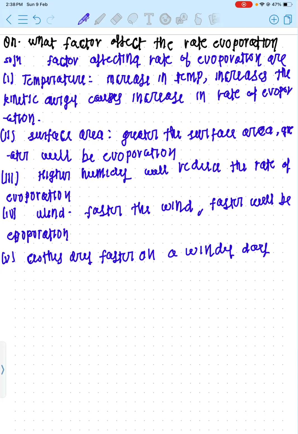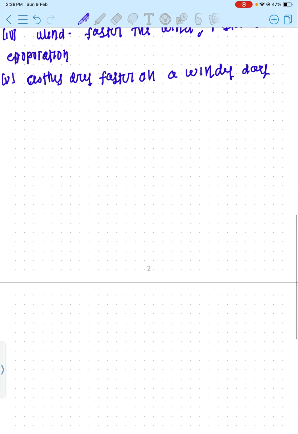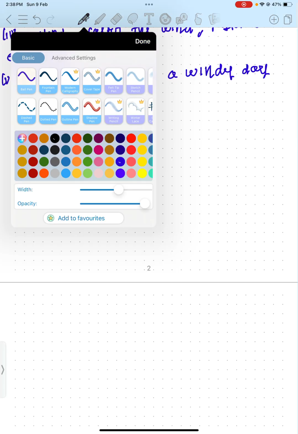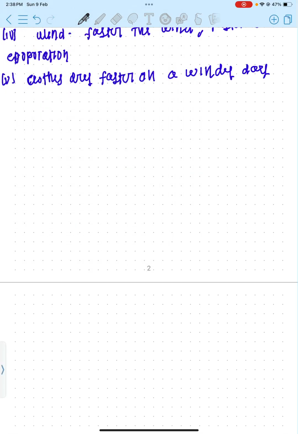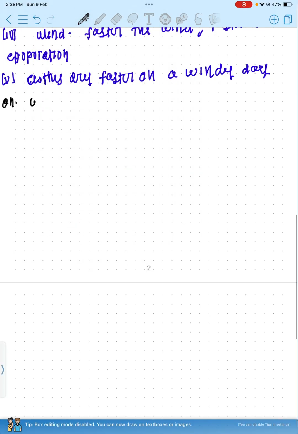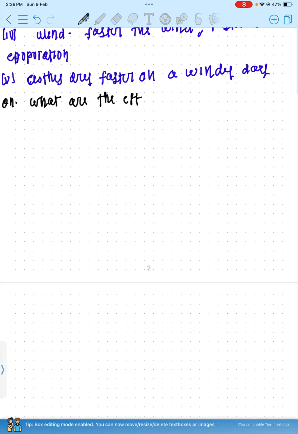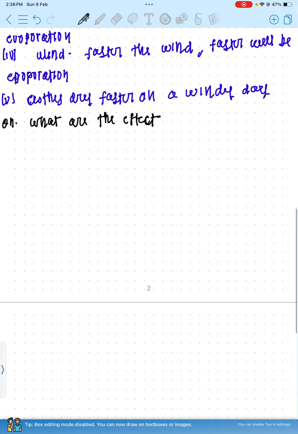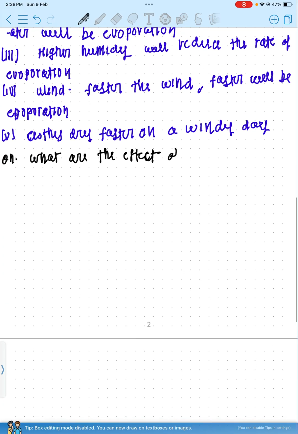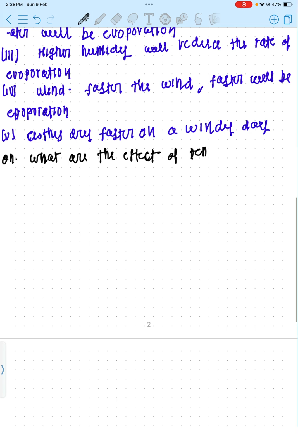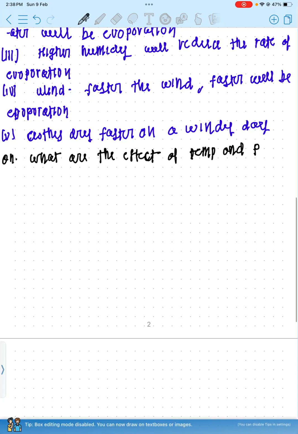What are the effects of temperature and pressure on the states of matter?